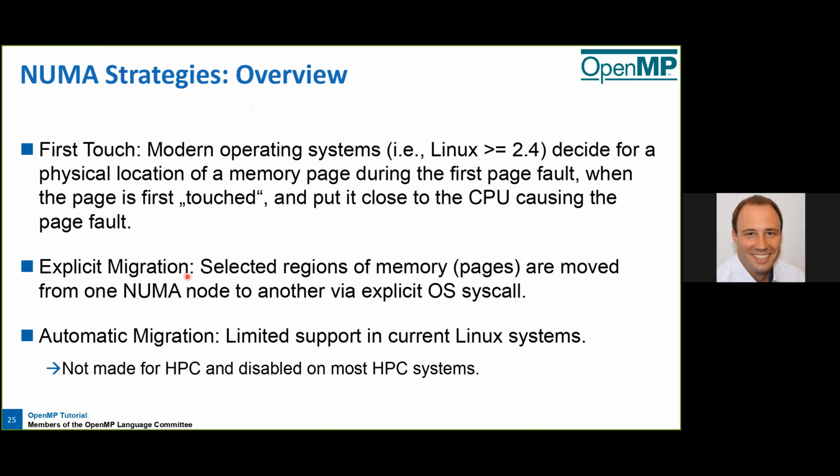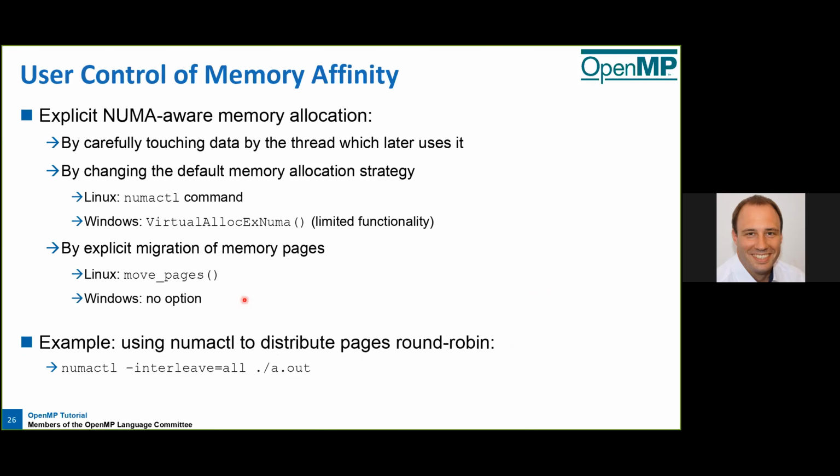I explained first touch, so let me skip over that here. Sometimes you need more detailed control, and this is something you can only achieve by working directly with the operating system.